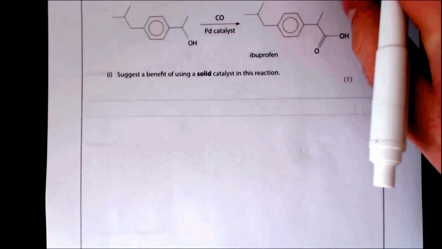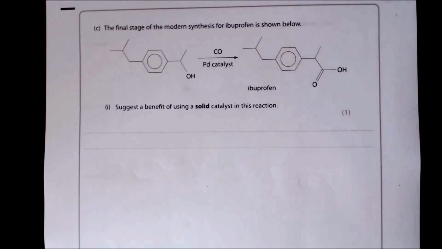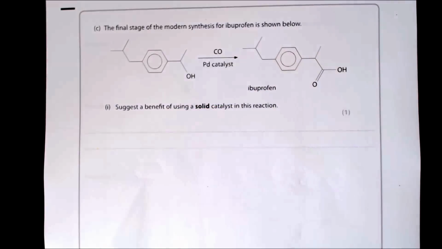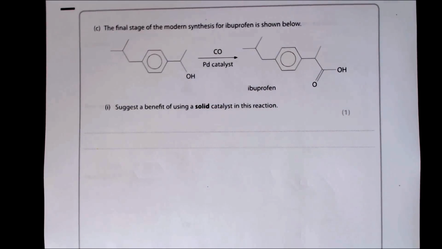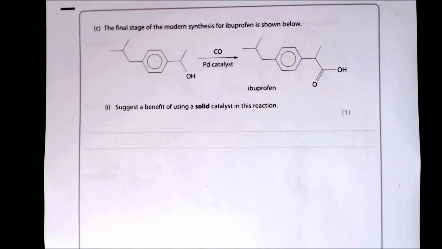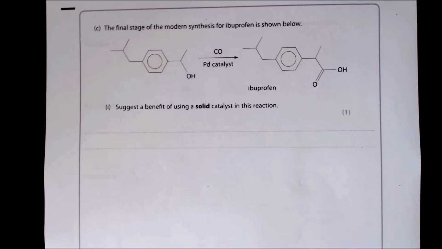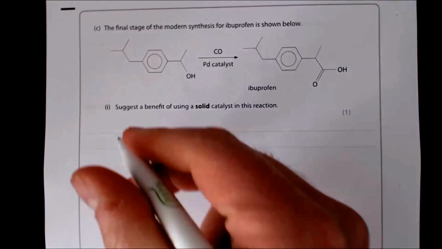Part C. There you go, just dragging it down. So it says the final stage of the modern synthesis for ibuprofen is shown below, and you can see we've got it here. State the benefit of using a solid catalyst in this reaction. Solid catalysts are good because we can remove them at the end of the reaction. We can take them out quite easily, so that's what we need to put there.